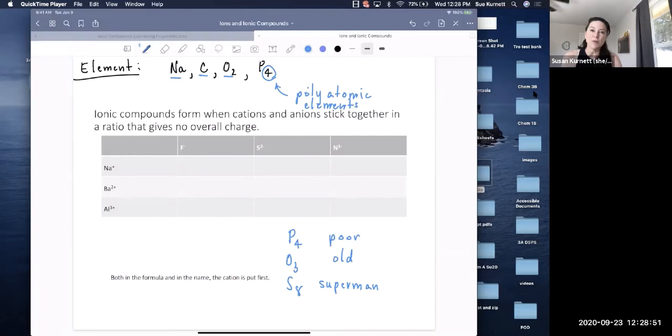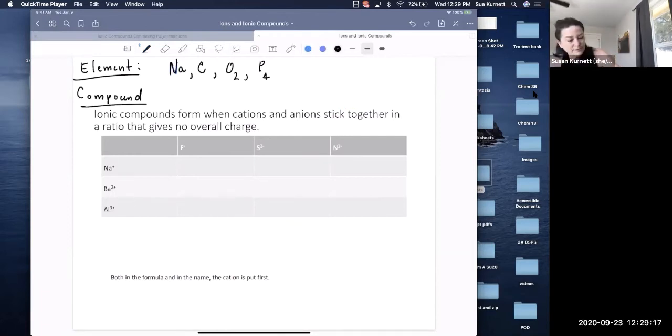Compounds have more than 1 capital and no charge showing. So a compound could be a compound made of nonmetals only, like carbon dioxide. And if it is only nonmetals or metalloids, but no metals, we call that a covalent compound. And covalent has to do with electrons being shared.